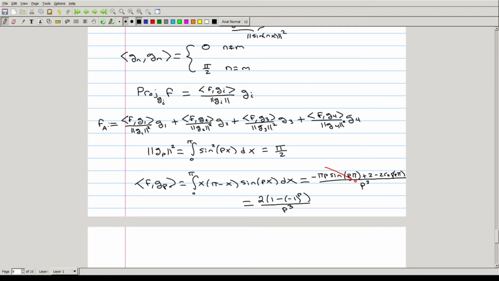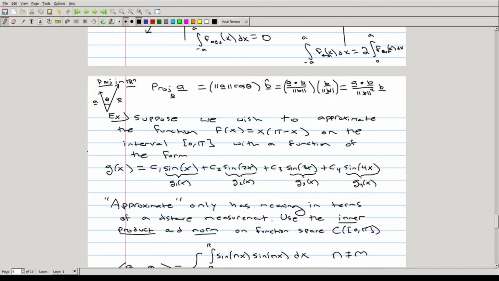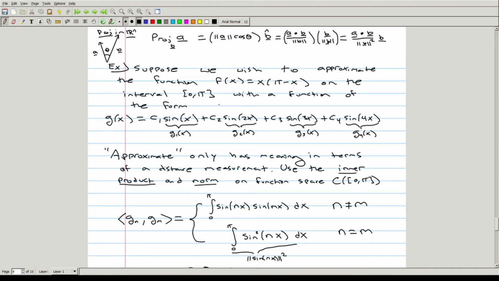But this is giving us that our approximation function, and actually our best approximation function here, is expressed in terms of a projection of our function f, the function that we're approximating, onto each one of these orthogonal unit vectors.